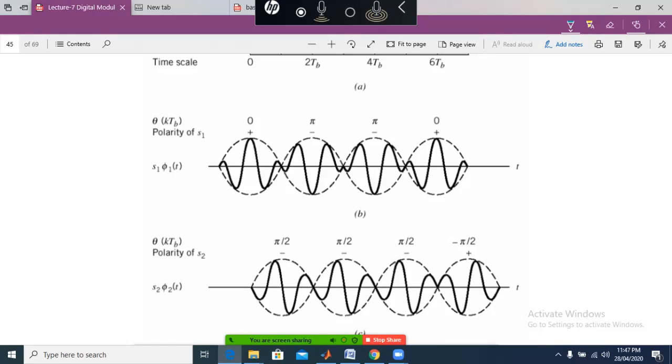So for 0 we have the positive part, for pi we have the negative part. But when we modulate it, it will have the other part as well.